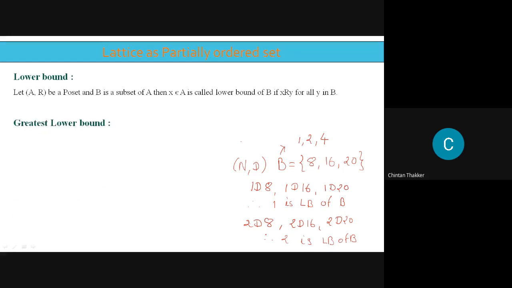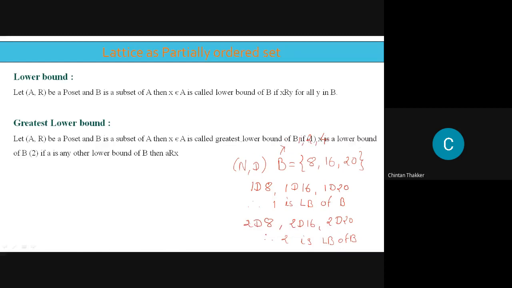The definition of greatest lower bound is, if we have (A, R) is a poset, B is a subset of A, then X belongs to A is called the greatest lower bound of B if X is a lower bound of B, that means X is related to all elements of B. And the second condition is, if we have any other lower bound A, then A is related to X. That means X is the greatest lower bound, meaning the greatest number.